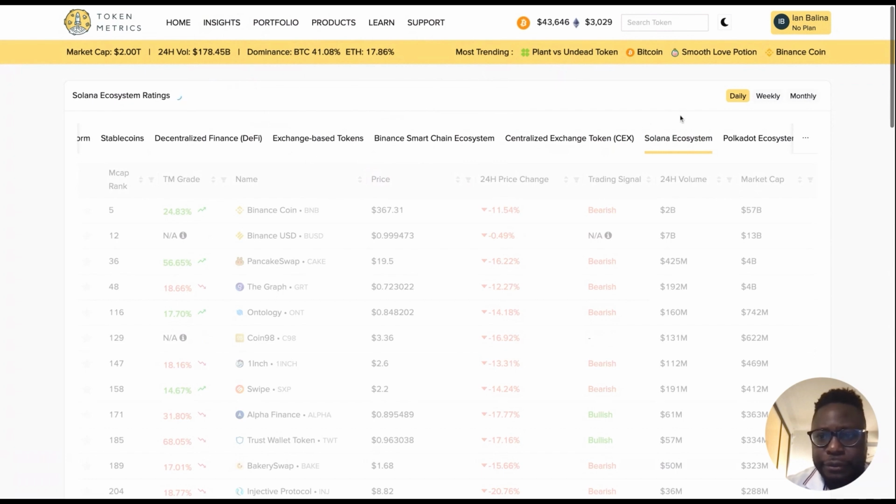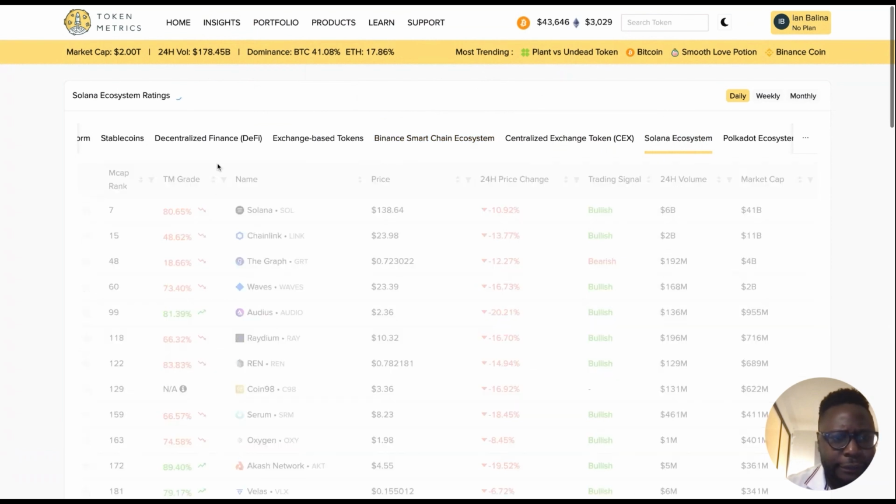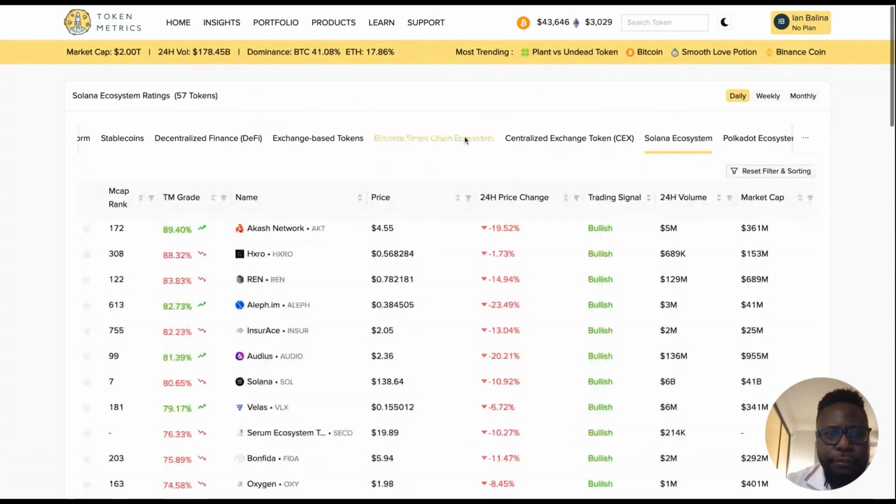So I'll just come here, click on that. Then I would actually sort by grade. So let me change this. All right, so looking at this, according to the whole ecosystem, Akash Network has the highest TM grade. This is a Token Metrics grade, the highly improved grade that's been catching Solana and other projects recently.